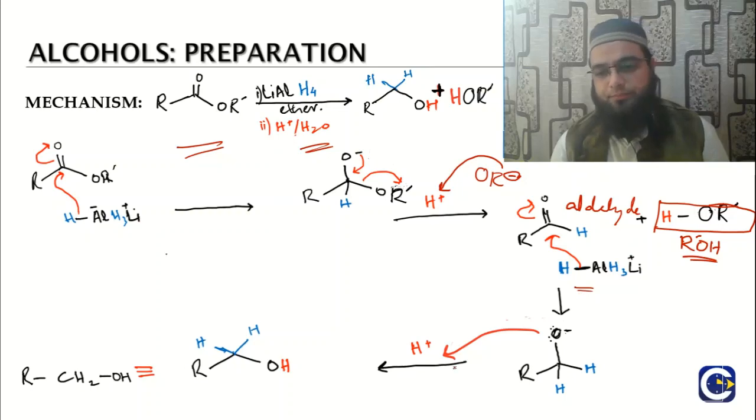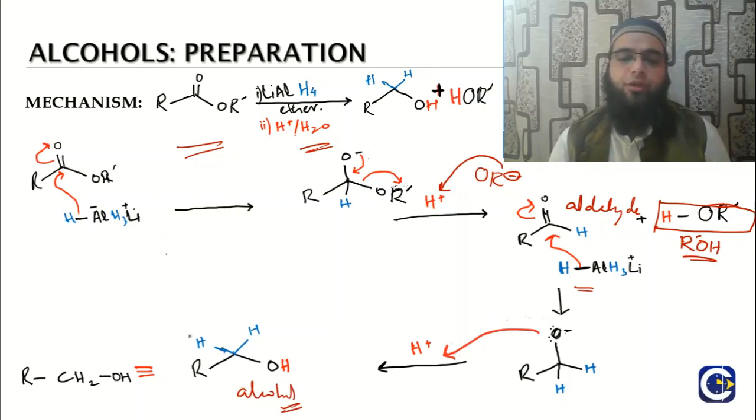To stabilize this negative charge, we have only one option, that's to protonate this oxygen. So this is the acidic workup of the reaction. The oxygen will take the hydrogen from the reaction medium, and the required alcohol is going to form. This is the second alcohol molecule formed in the reaction.